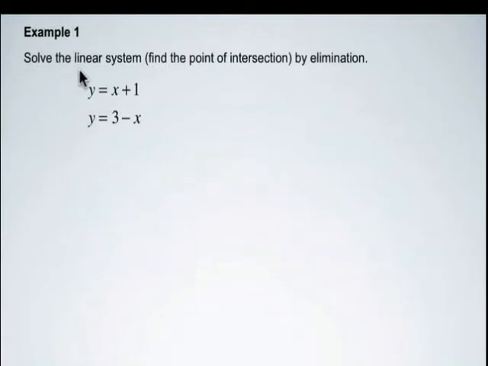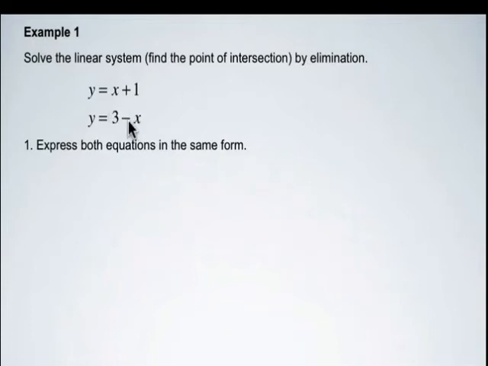So what we're going to do here is solve the linear system y equals x plus 1 and y equals 3 minus x. The first thing we have to do is put them in the same order. In the first equation, x comes first. So we have to put both equations in the same form. We want to switch the second equation around so the x term comes first.